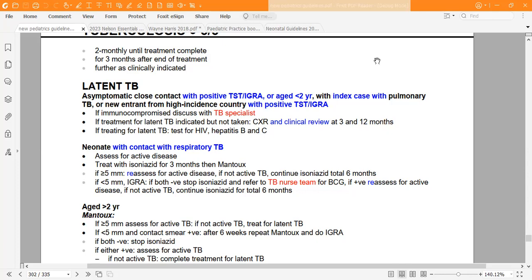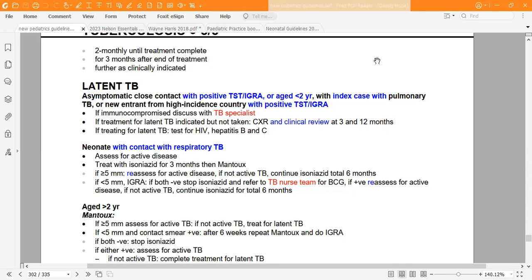Okay, neonate with contact with respiratory TB. Assess for active disease. I will check whether he has active disease or not. Treat with isoniazid for 3 months, then Mantoux. If 5 millimeter or more, reassess for active disease.